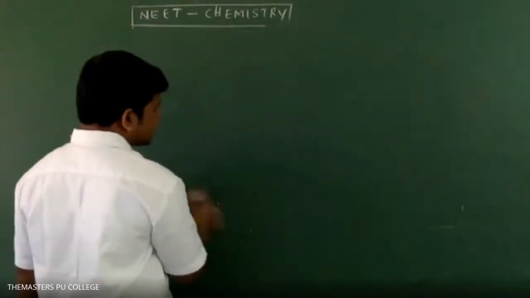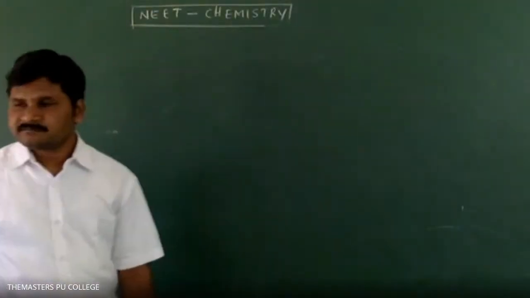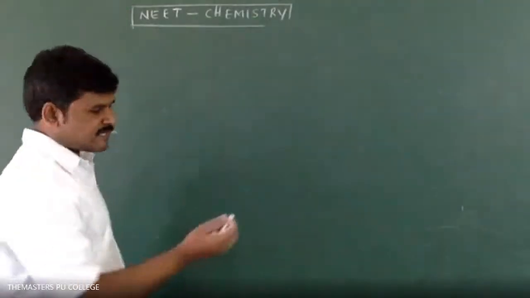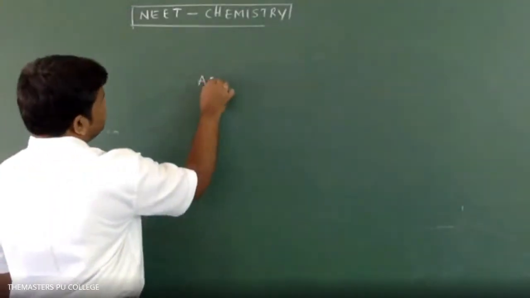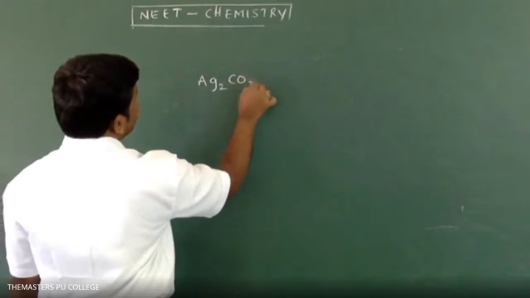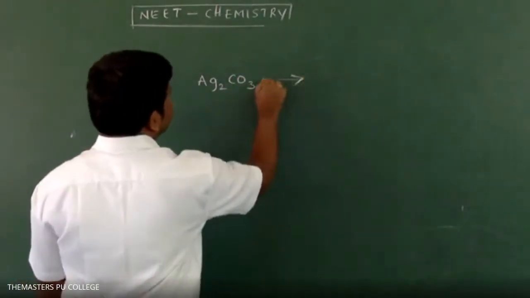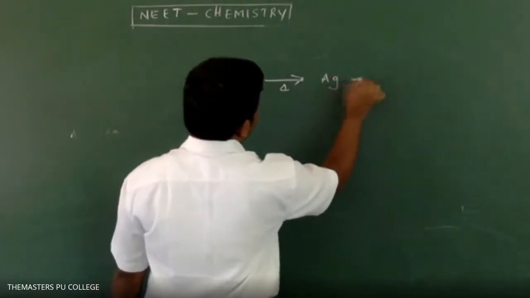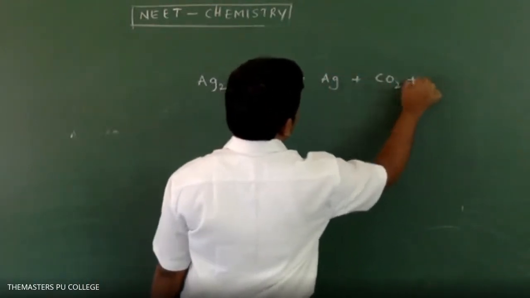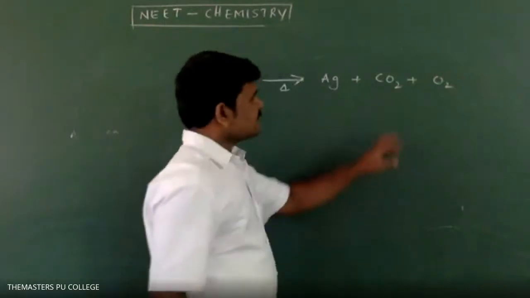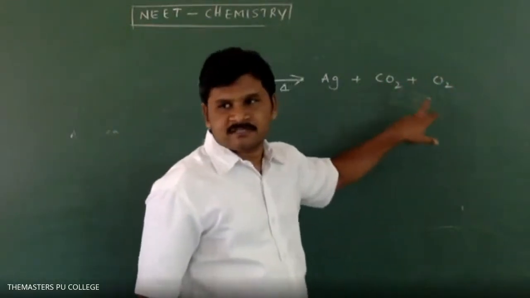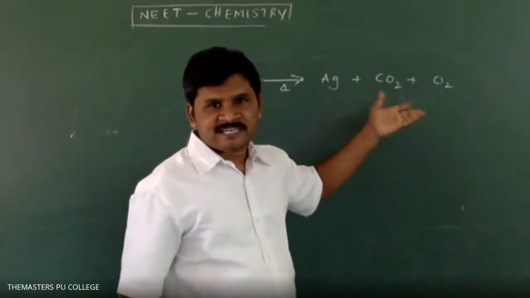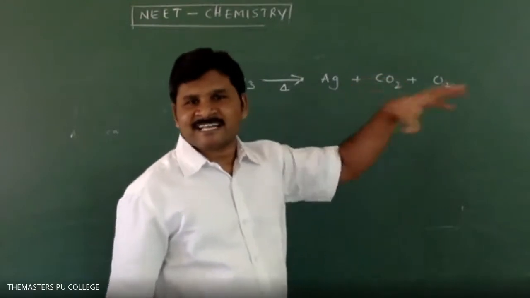Sir, the weight of Ag? Ag atomic weight is 108. Students, the silver carbonate formula is Ag2CO3. On decomposition it gives Ag plus CO2 plus O2. Here CO2 is a gas, O2 is a gas, so they are not residue.